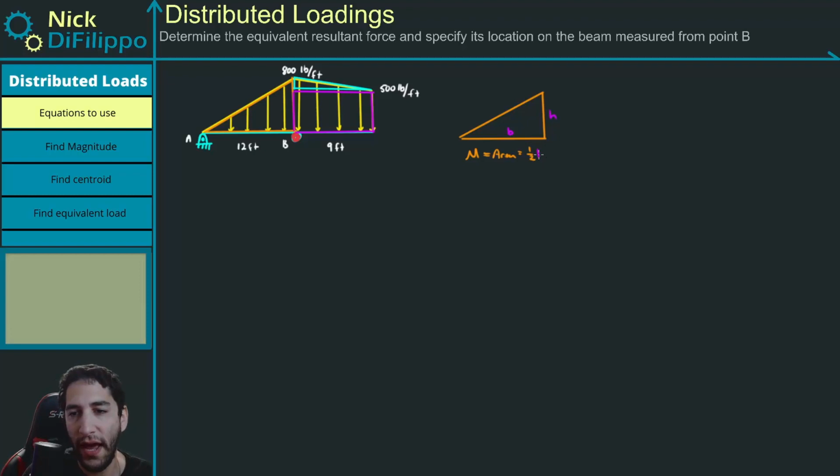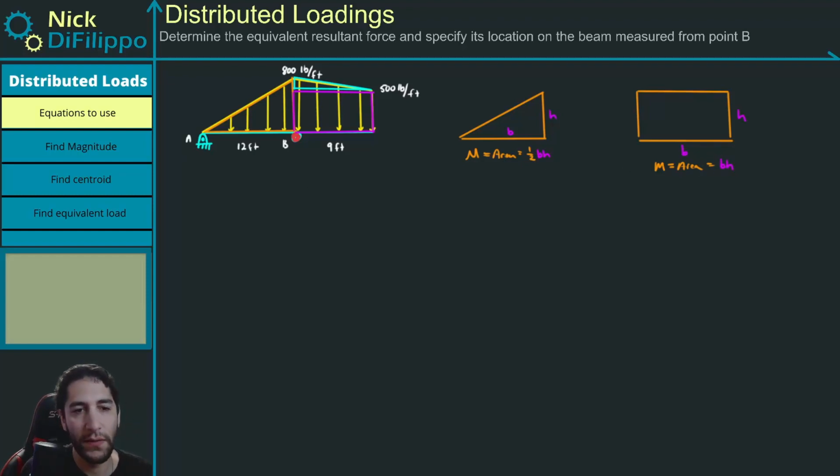So it's 1/2 base times height. Now let's look at a rectangle. And a rectangle, if we have a base and a height, the magnitude again is the area, and the magnitude is going to be equal to base times height.